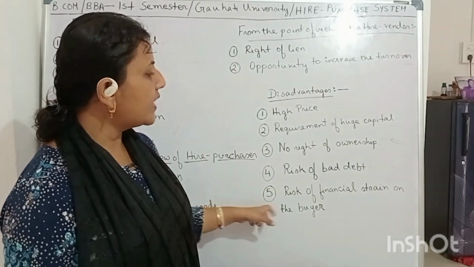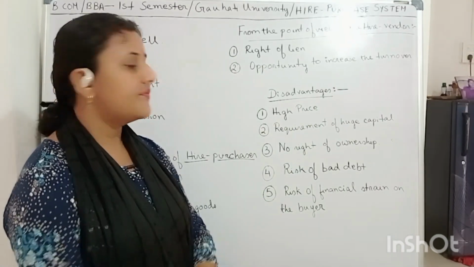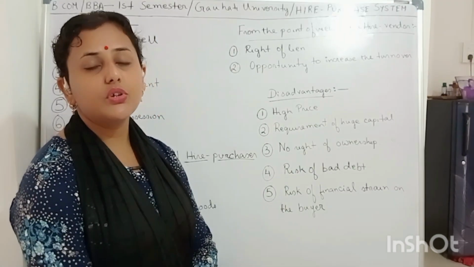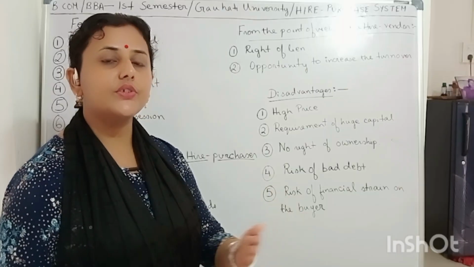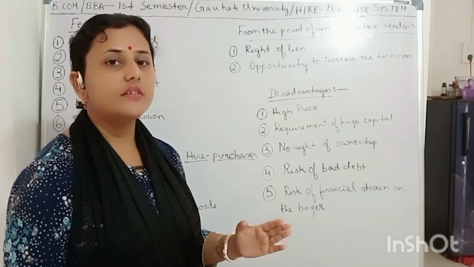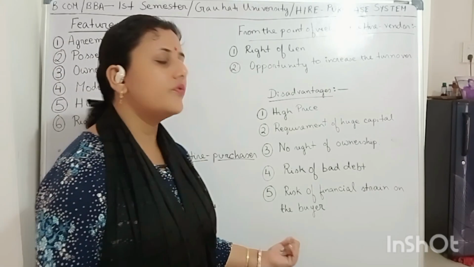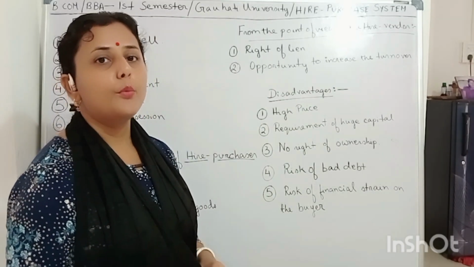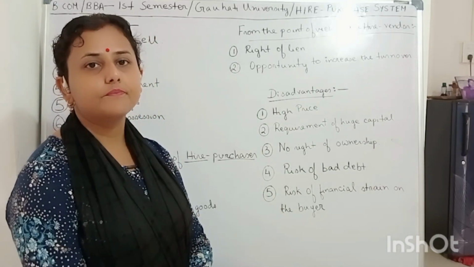Then point number 5, risk of financial strain on the buyer. It's a financial strain on the buyer because the buyer has to manage the cash price of the asset as well as the amount of interest. The whole amount of hire purchase price is a burden, a financial strain on the buyer.